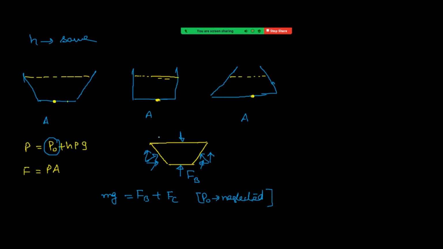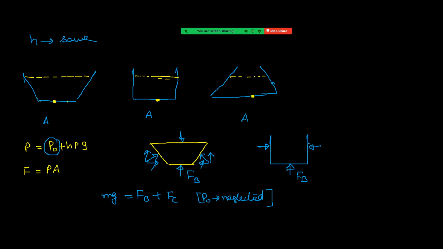Right. If you take the second part, in this case, since it is vertical, the force by the vessel from the bottom is vertically up. But coming to the sides, it is only horizontal.